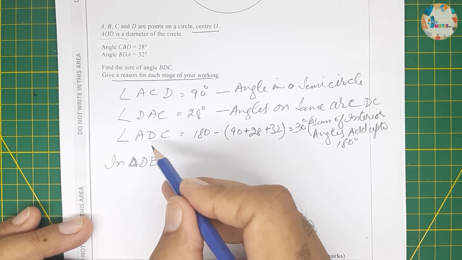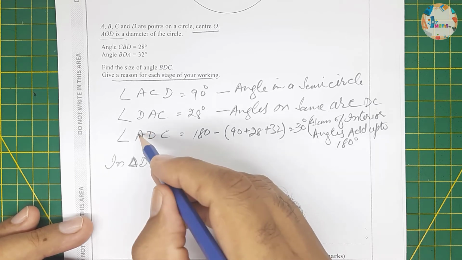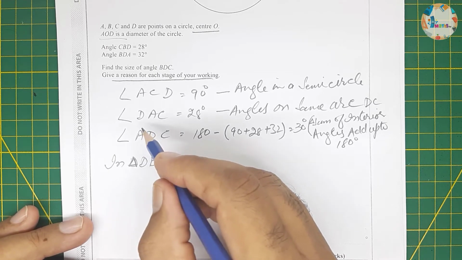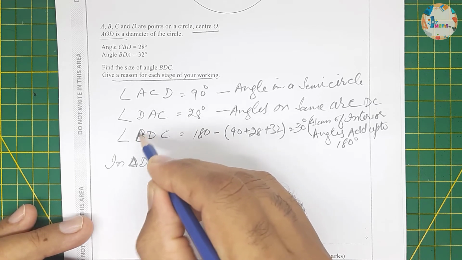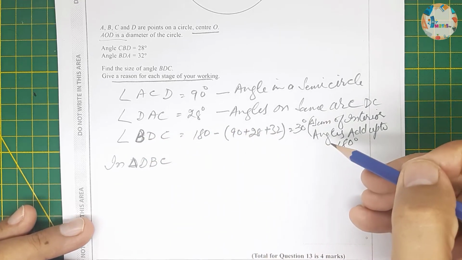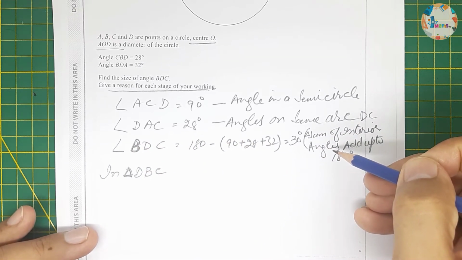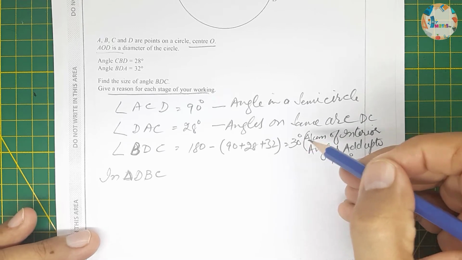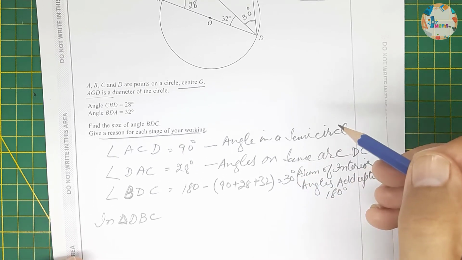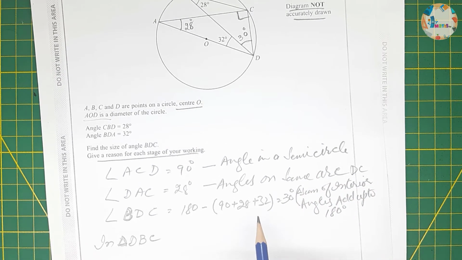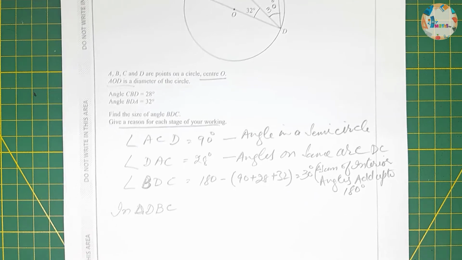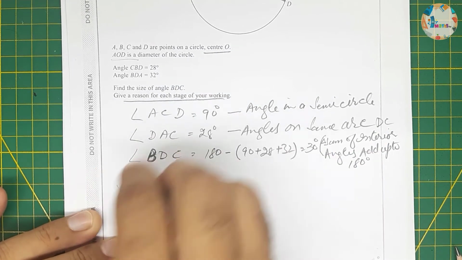Basically this is angle BCD or BDC. We can write this as BDC. So angle BDC is equal to 30 degrees, and no further steps are required for this one. So this is done. I will erase this one.